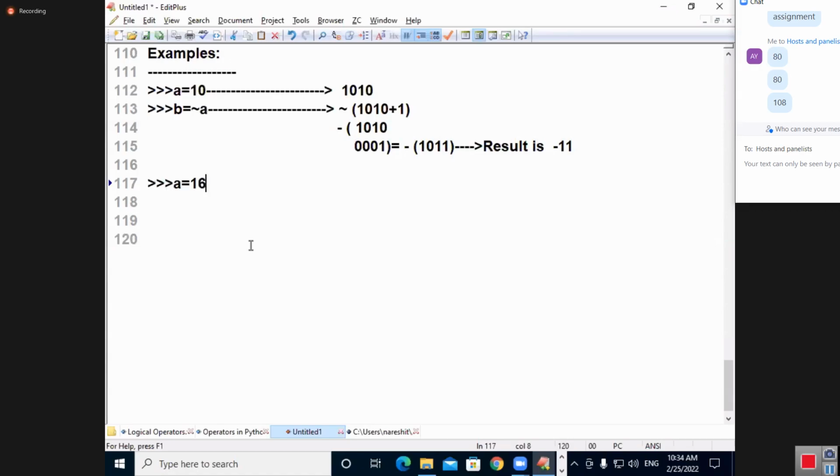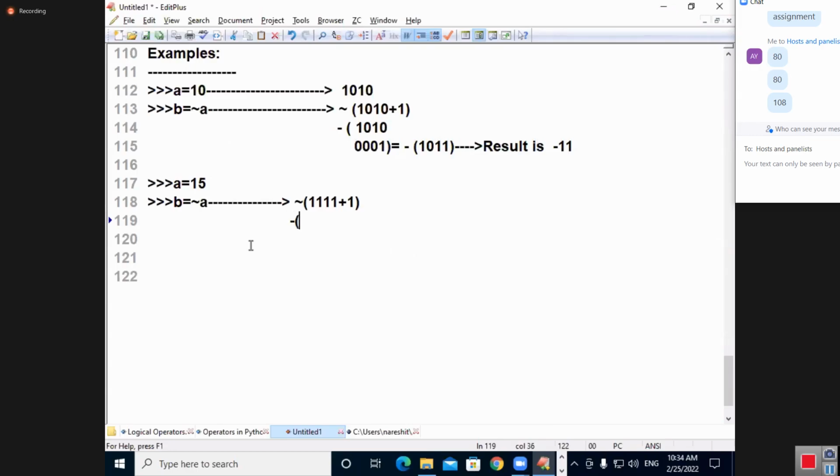A is equal to 15. I'll say directly B is equal to tilde operator of A. Internally what is taken up? Tilde operator of 1111, plus 1 is added. 1 is added, which is nothing but what?